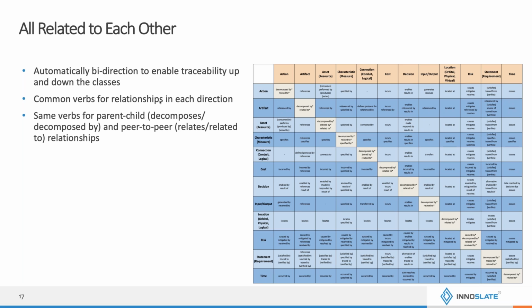So if you think about it in terms of actual language, our classes of information or our entities are the nouns of our language. The relationships are our verbs. The attributes on the entities are adjectives, and our attributes on the relationships are our adverbs.